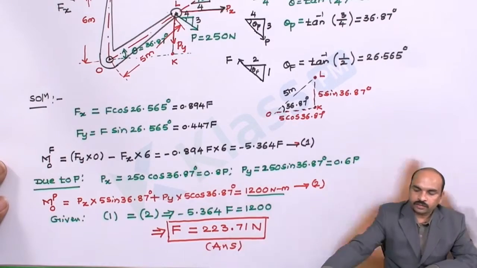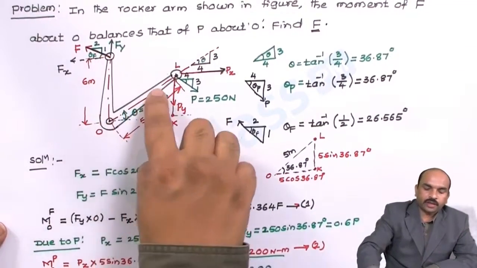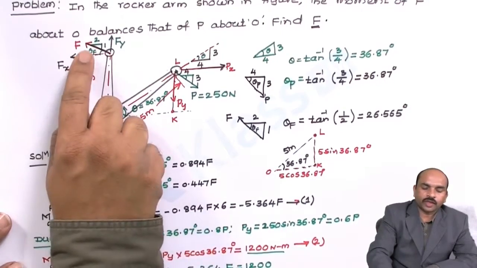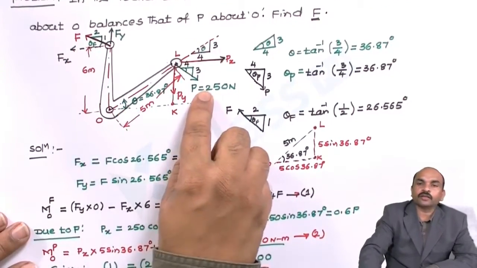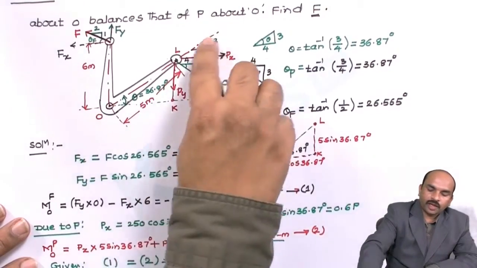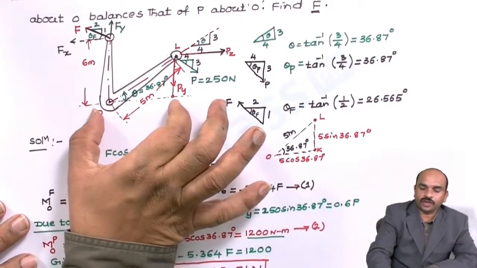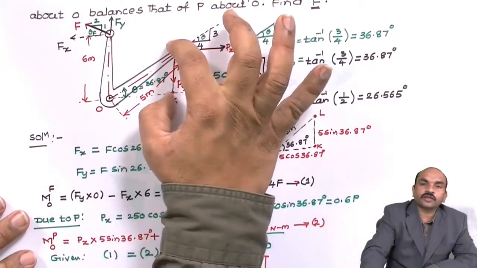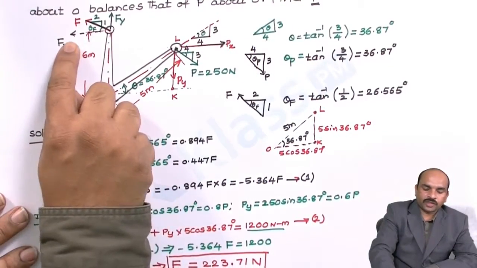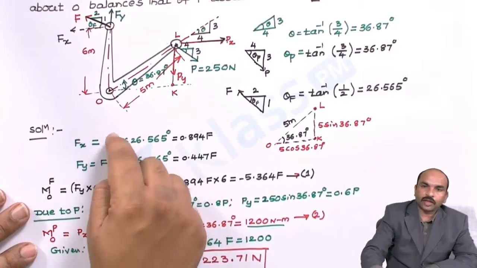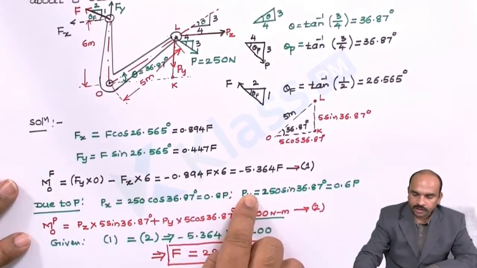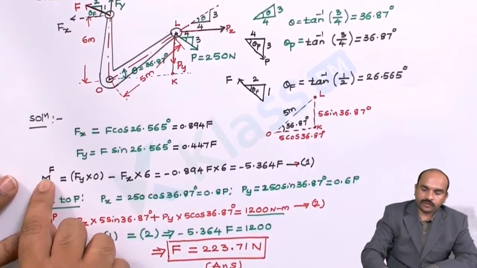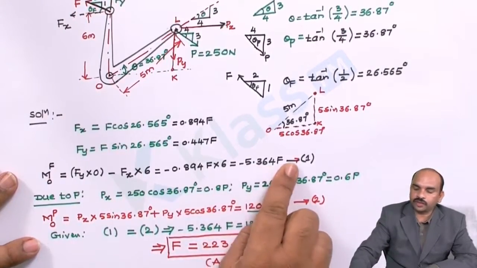So I'll repeat again. This is the given rocker arm. First we have to calculate the angle of F with horizontal, the angle of P with horizontal, and the angle of this line, so that we can calculate this distance and this distance. Write the components Fx, Fy, and write the components Px, Py, and write the moment equation for force F. We are getting equation 1.